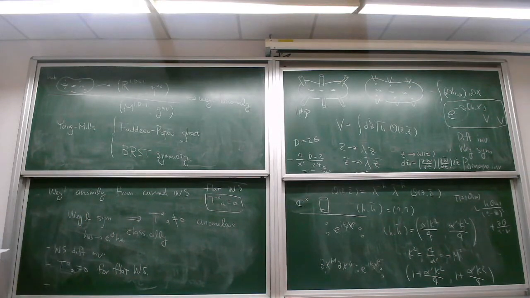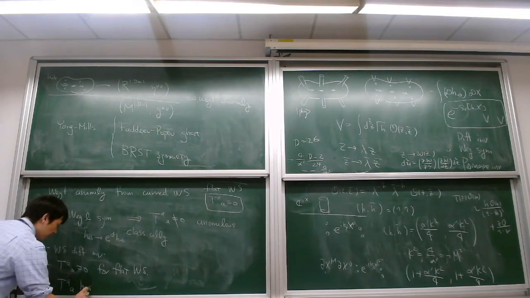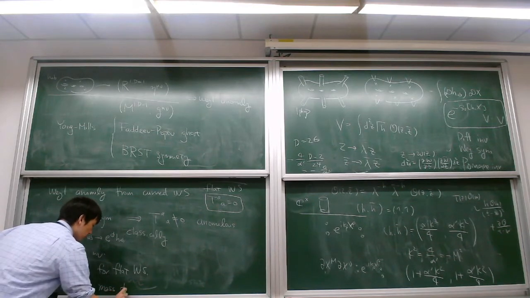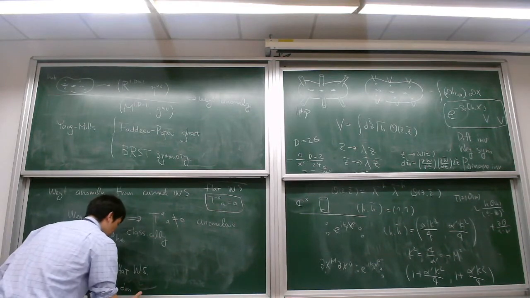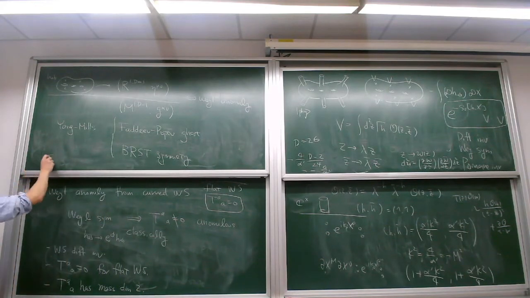And also, this T^a_a has mass dimension 2.